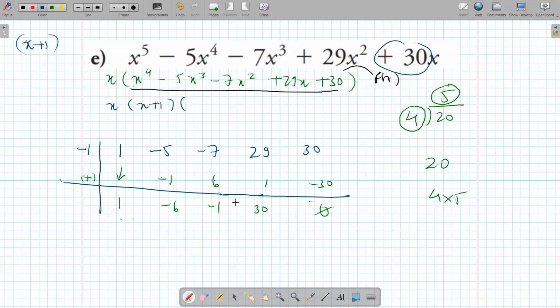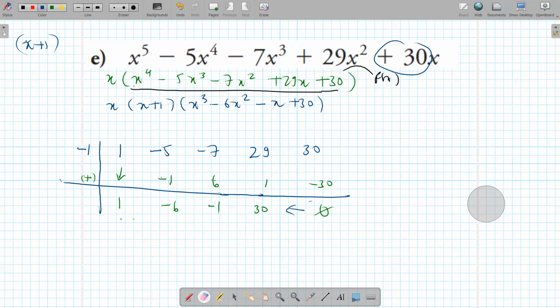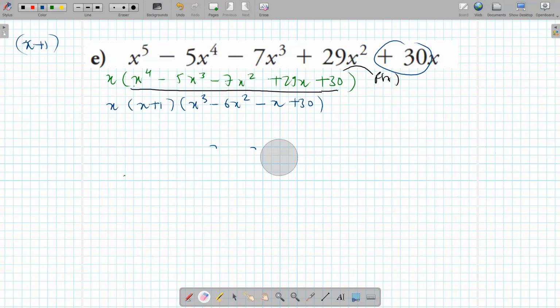What's our quotient here? Read this line. X cubed minus 6x minus x plus 30, okay, like that. So that is our quotient. Now we're going to repeat the entire process again. What do I mean by that?